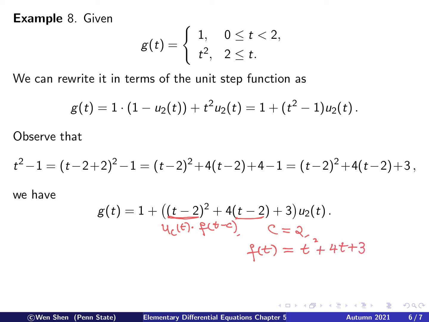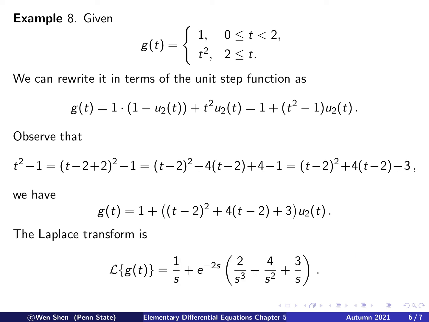Okay, so then the Laplace transform for this part will be the exponential function e to the negative 2s times the transform of this f of t, which is t squared plus 4t plus 3. Each term we know how to transform. Okay, so we can write this out now easily.